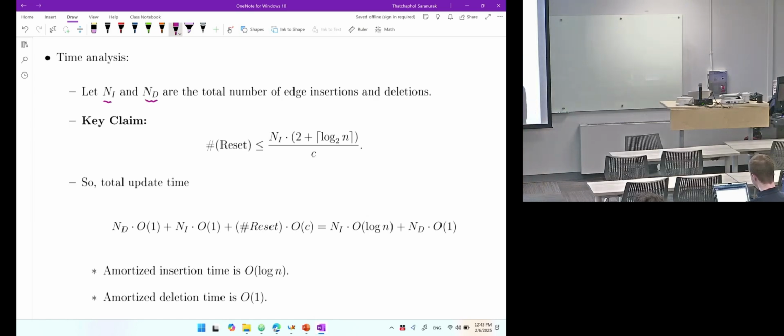And if the number of resets is Ni times log n over C, then this is just Ni log n. So summing up, the total time is Ni times log n plus Nd times 1. It just means that the amortized insertion time is log n, and the amortized deletion time is 1. So it boils down to proving this claim.